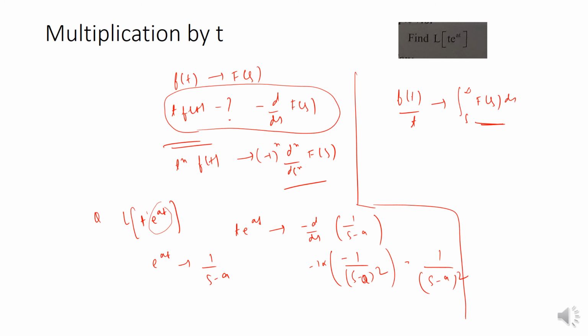Sometimes you are making f of at, sometimes t into f of t, sometimes the integral of f of t. Given a function f of t and its Laplace transform f of s, if I modify my f of t, how is the output Laplace transform getting modified is what all these properties are about. Next we will see f of t by t.